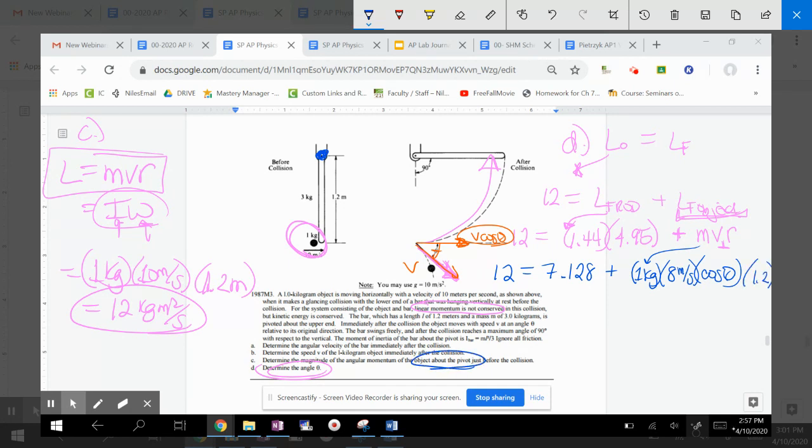So it's 1.2. So I'm going to solve. I want to do 12 minus my answer, divided by 8, divided by 1.2. So I get cosine theta equals 0.5075. And I'm going to plug this in, inverse cosine, and I get 59.5 degrees, which is your answer.